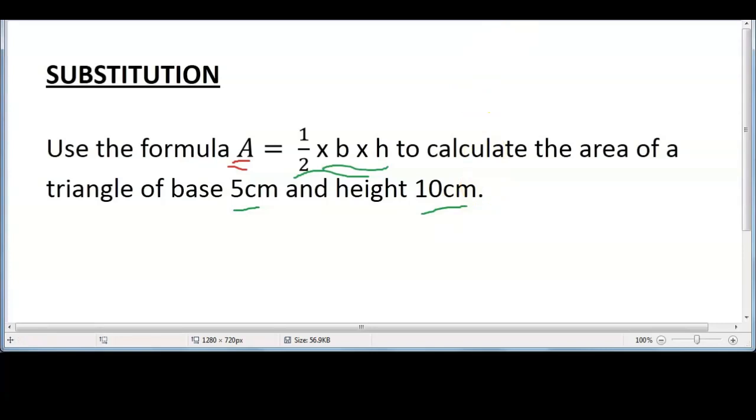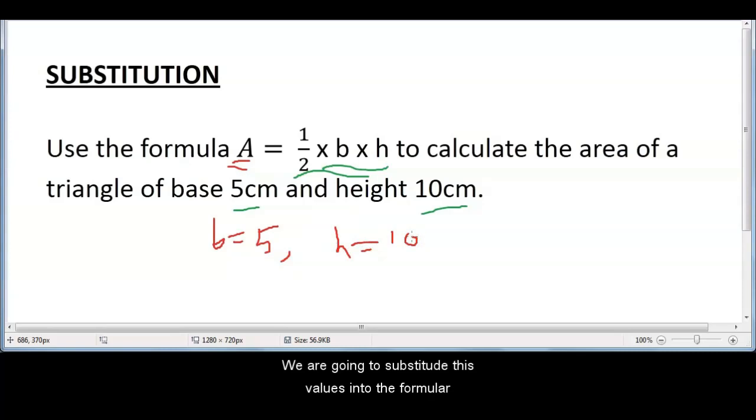So for this question, we are going to say b is equals to 5 and h is equals to 10. We are going to substitute these values into the formula.